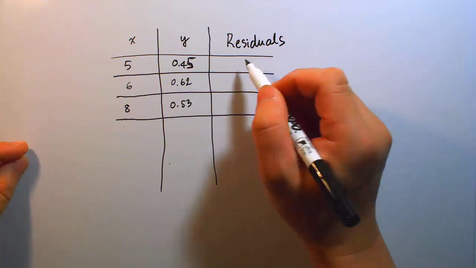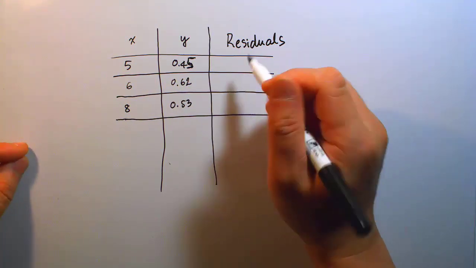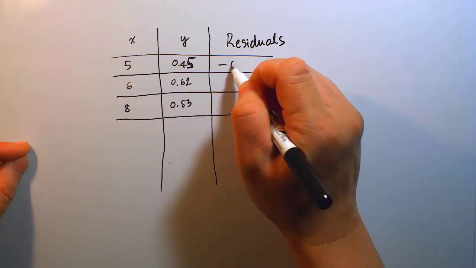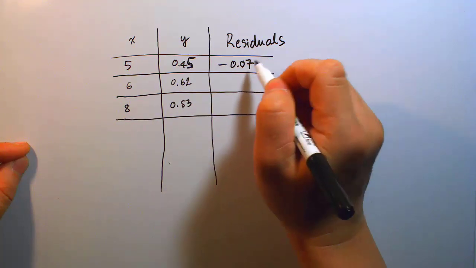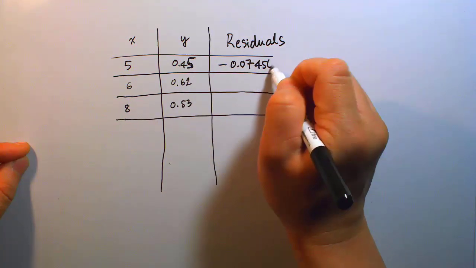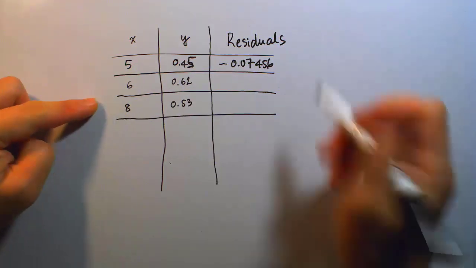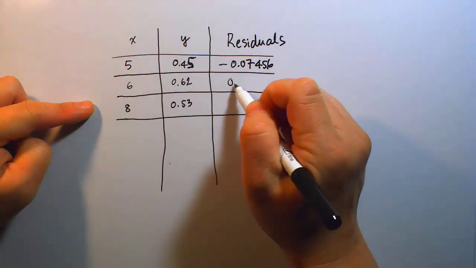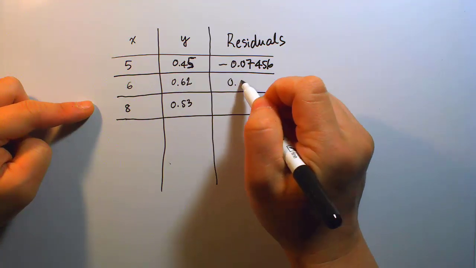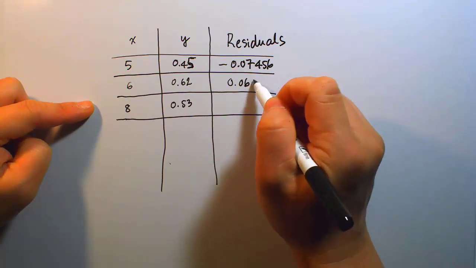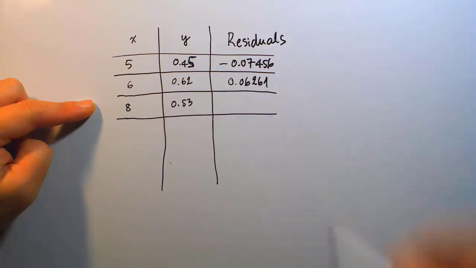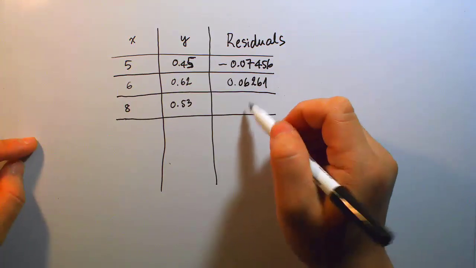All I need to list is the residuals. So here I'm looking at negative 0.07456. That was our previous calculation. And just now we finished getting a positive 0.06261. And there are more calculations waiting for us to come.